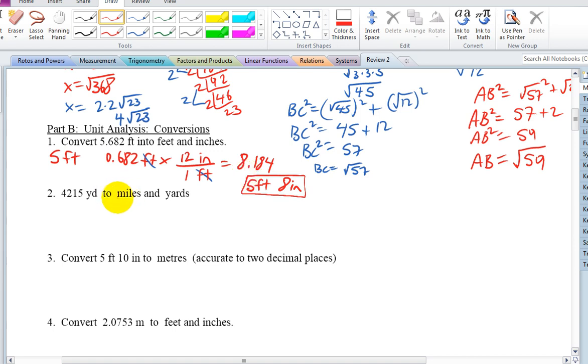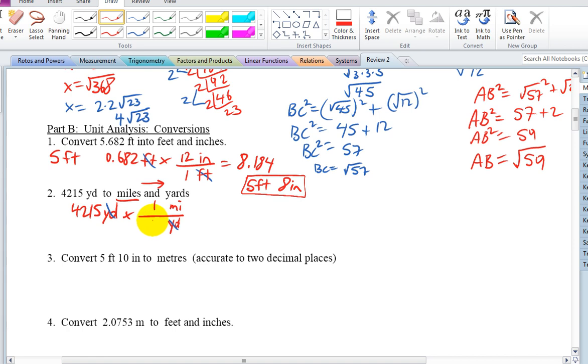Looking at the next one, we're going to convert into miles, and then take our decimals and convert to yards. So 4215 yards times our conversion factor. What unit must go on the bottom? Yards. And then miles will go on the top. That way our yards will cancel out. And it's 1 mile is how many?